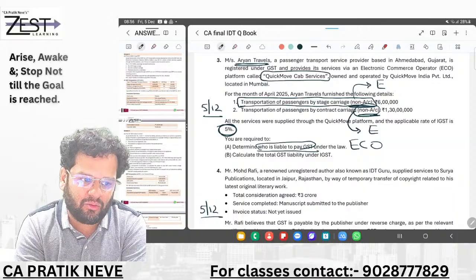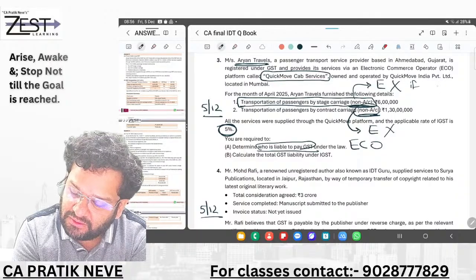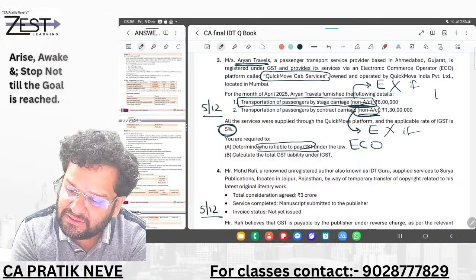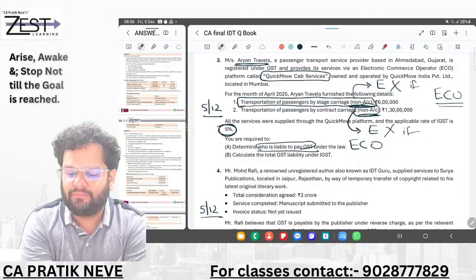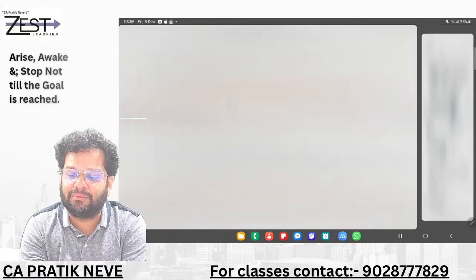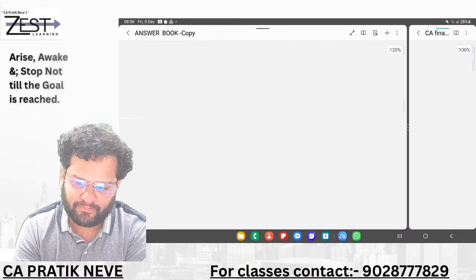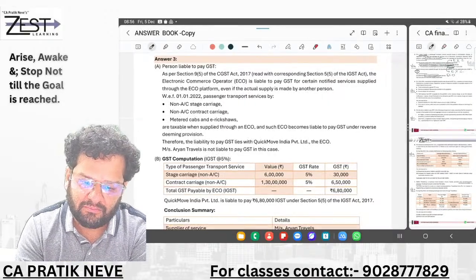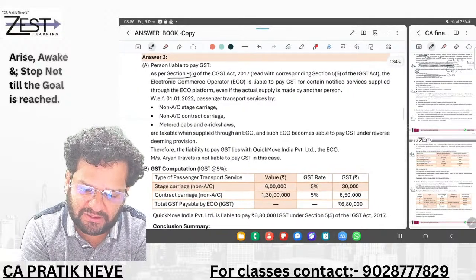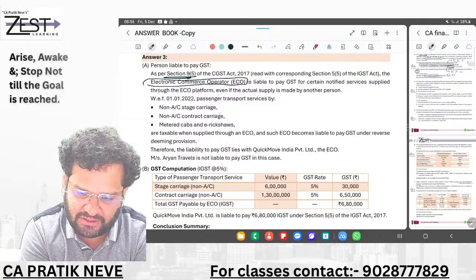But right now, the exemption is cancelled if the supply is via ECO. Clear? That's why the taxability continues. So as per 9(5), it will be the liability of ECO to pay GST.